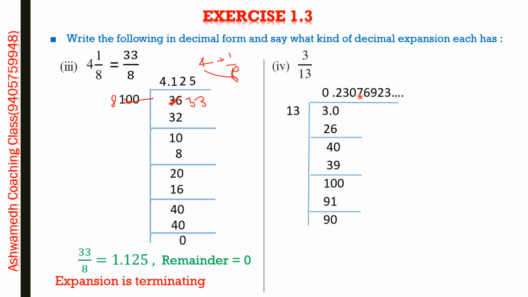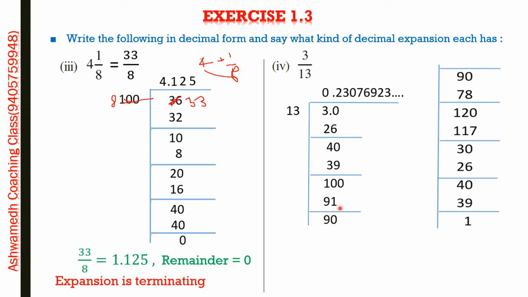So 13 into 7 is 91. 100 minus 91 is 9, and we get 90 by taking a 0. The nearest number less than 90 in the table of 13 is 78, so 13 into 6 is 78. 90 minus 78 is 12, so take a 0 and we get 120.